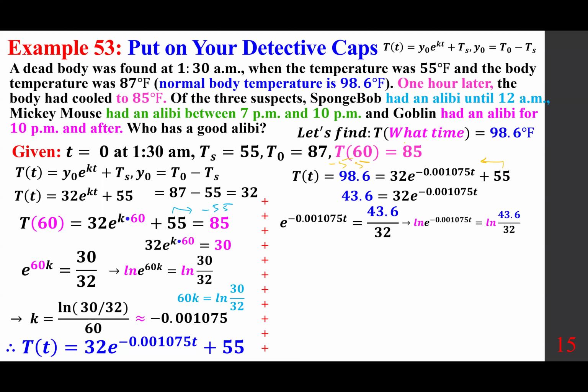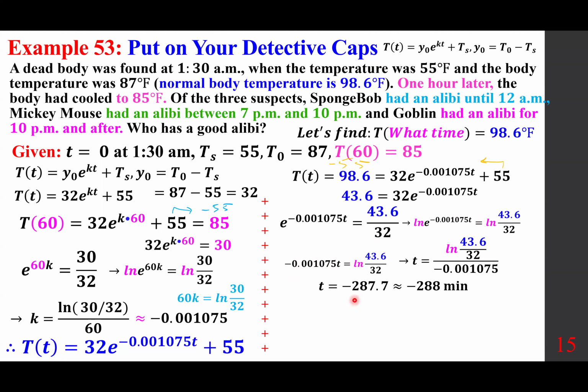And the left side becomes just the exponent. The right side doesn't change. So what is t is the right side divided by the coefficient of t, negative 0.001075. So this is the exact answer. To answer this, we put it into a calculator and we get roughly negative 287.7, almost 288 minutes negative.